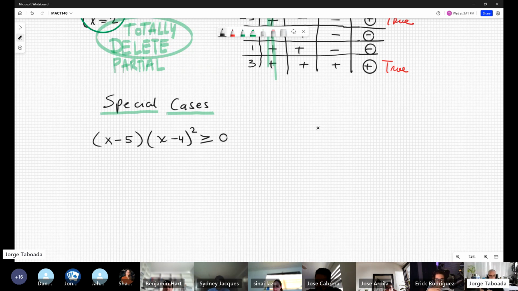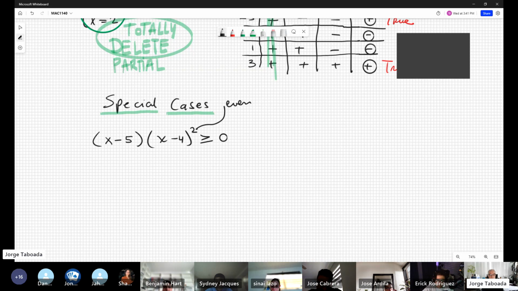The teacher explained that when a factor has an even exponent, you can delete it. And the reason is clear: it's always positive, so this binomial is always positive.